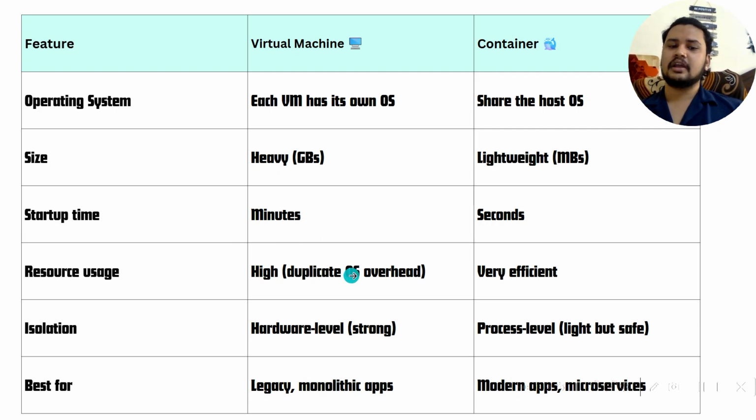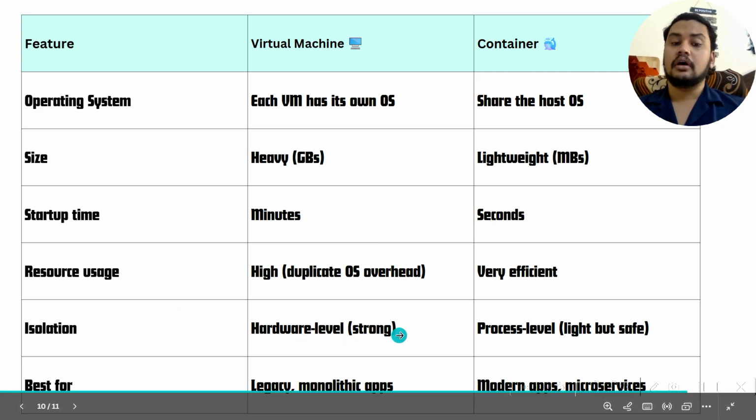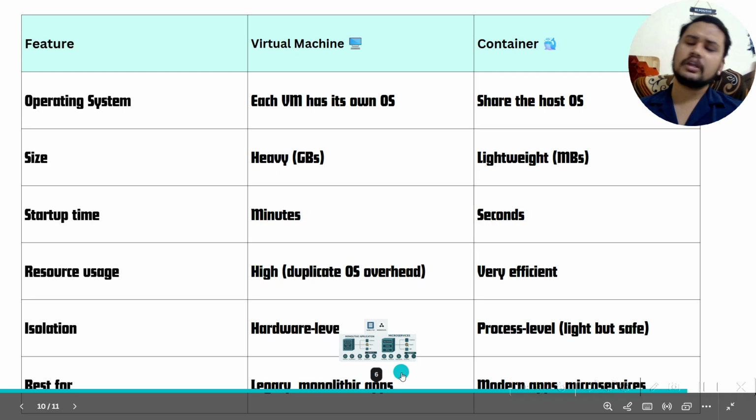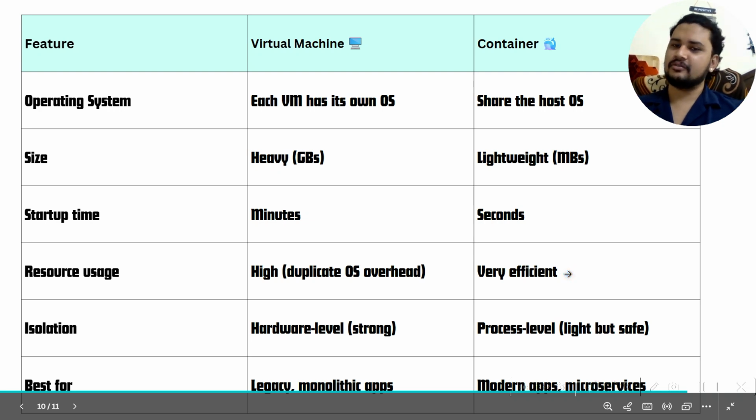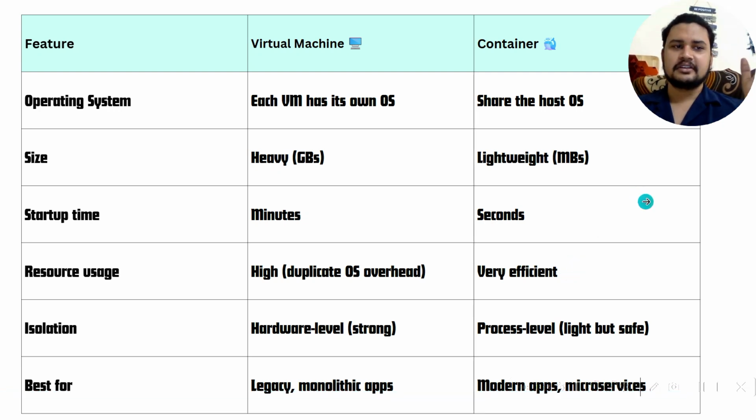Resource usage: high or duplicated for VMs, but very efficient for containers. Isolation: hardware-level and strong for VMs, process-level but still safe for containers. VMs are best for legacy monolithic apps, but modern needs call for microservices, so we have to go to containers. This is the key difference between them.